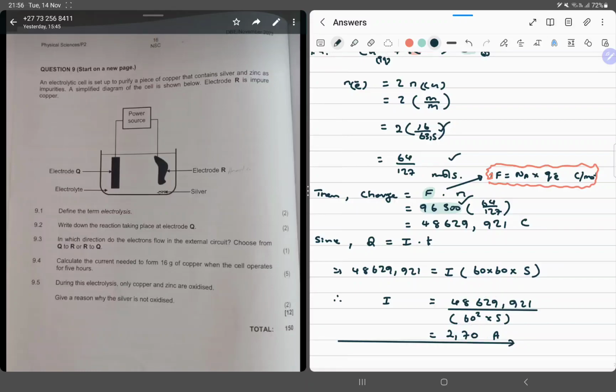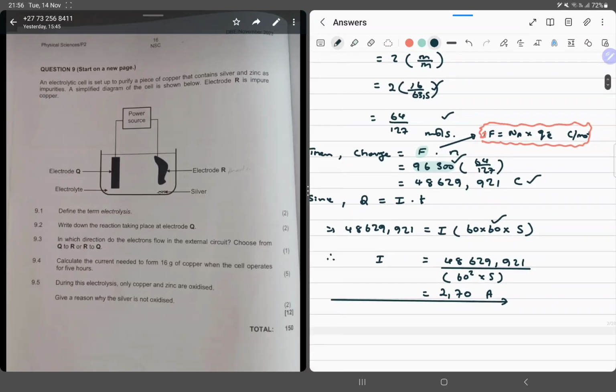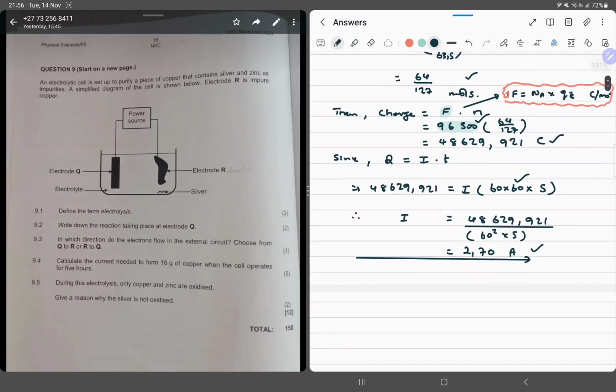So essentially, we've got our marks there. And this is a mark because finding that charge is important. And essentially, this conversion of time is important. The answer is important. So this is how those 5 marks could be scored. Of course, there's plenty of other ways you can look at it, but it's not a big deal.